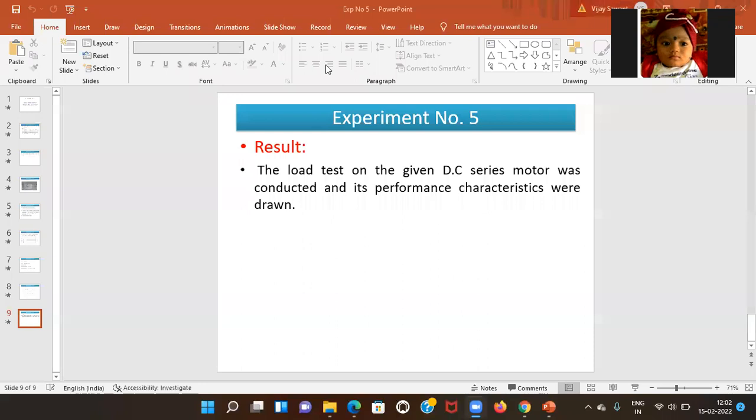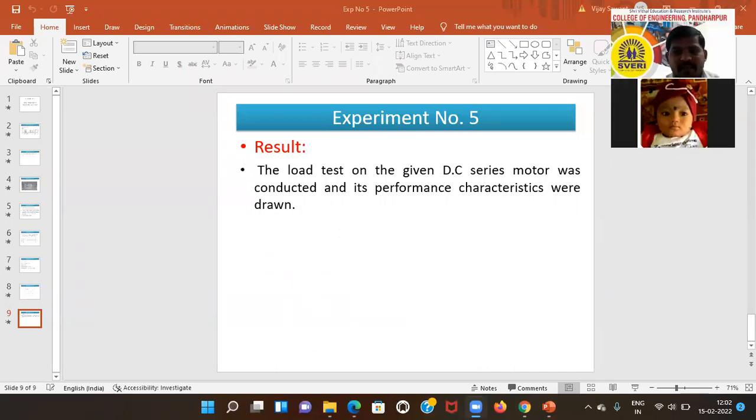Because of high friction, there is maximum heat dissipation. Due to that friction and heat, the belt of the machine may be damaged. So that is why we have taken only 3 readings.